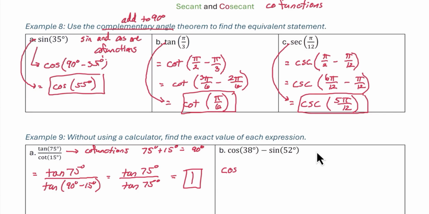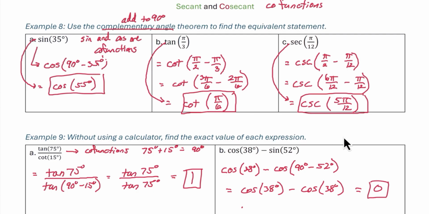Let's keep cosine as it is for now, and we can rewrite the sine as the cofunction cosine, and then we need to do 90 degrees minus 52 degrees. Here we get cosine of 38 degrees minus cosine of 38 degrees. This gives us 0.